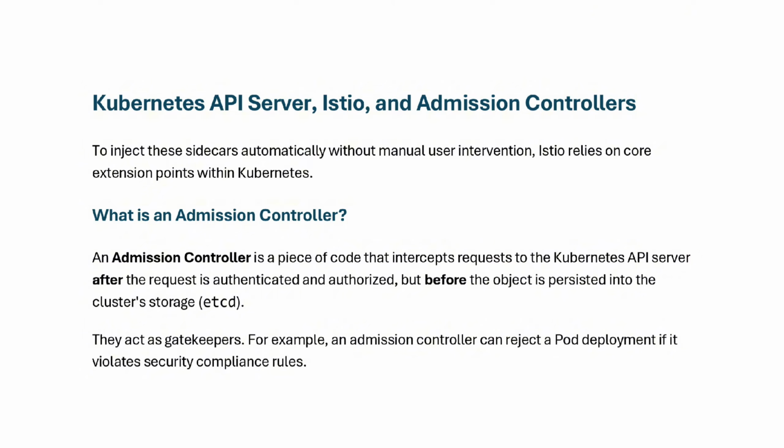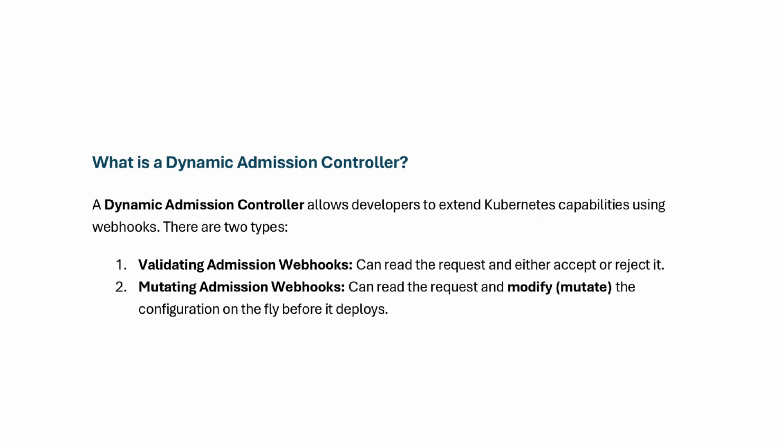Simply, they act as the gatekeepers. For example, an admission controller can reject a pod deployment if it violates security compliance rules. Now, what is a dynamic admission controller? A dynamic admission controller allows developers to extend Kubernetes capabilities using webhooks.